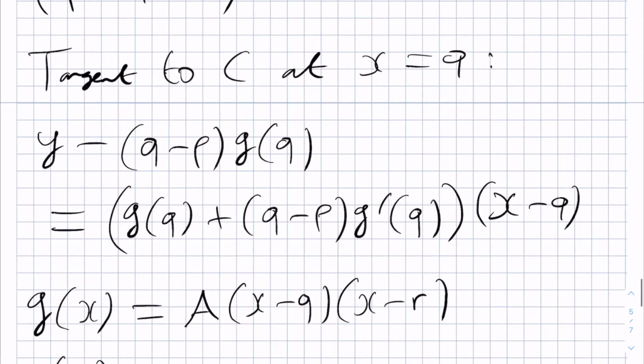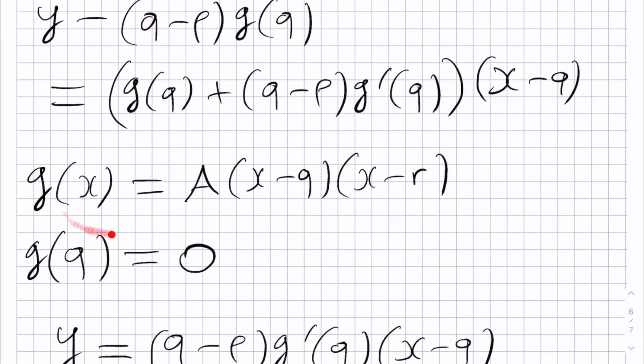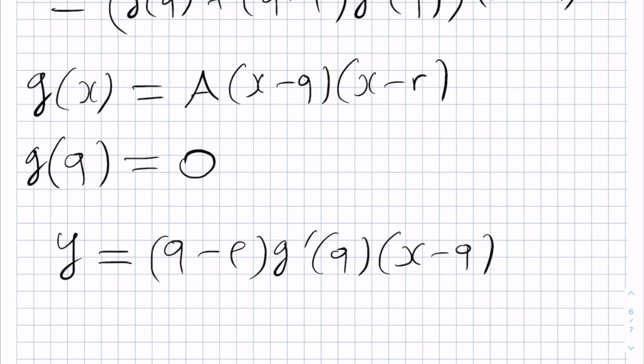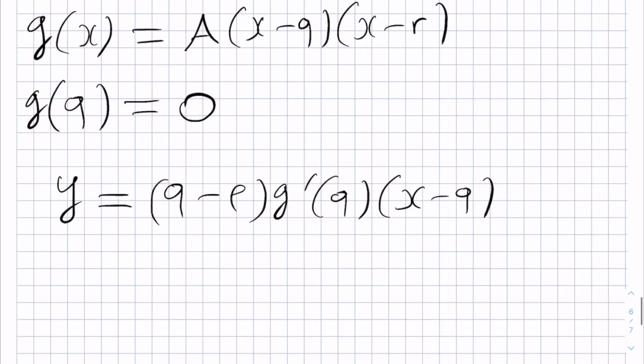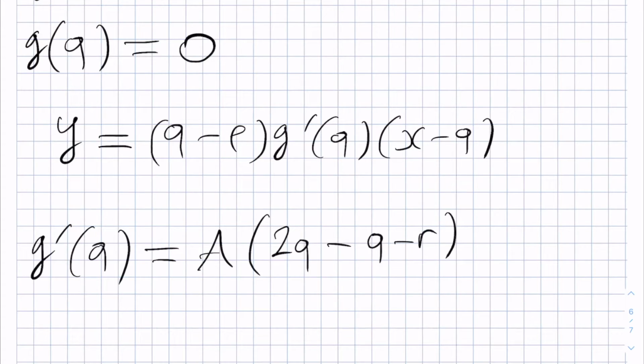Now, using the g of x that we have somewhere, yes, here, we can work out g prime of q. We have that g prime of q, based on some earlier work, is equal to a times 2q minus r, which is a times q minus r.